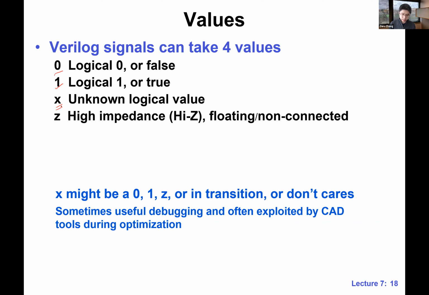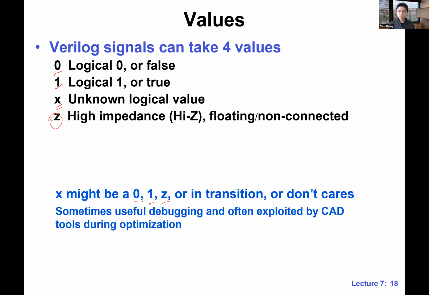Actually, X can represent either 0, 1, or Z. Z is not something that we'll run into very often in this class. It means high impedance. This means that when your signal is not connected, it's floating around, not connected to 0 or 1. That's why we call it Z. Again, this is not too important.